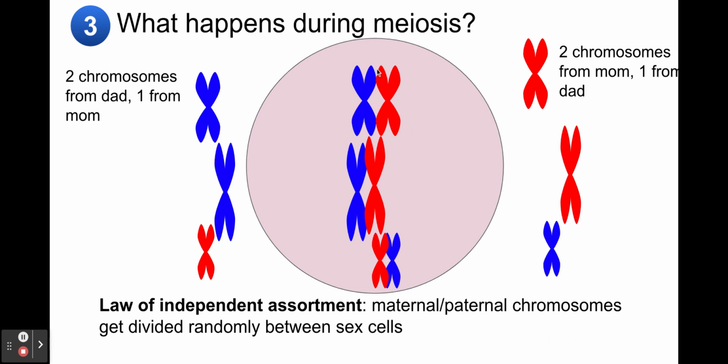And that just has to do with the way these chromosomes are lined up down the center of the cell, where I've got these 2 red ones on the right and then a blue one. That's getting sent to 2 daughter cells. And I have 2 blue ones on the left and a red one. Those are getting sent to the other 2 daughter cells.